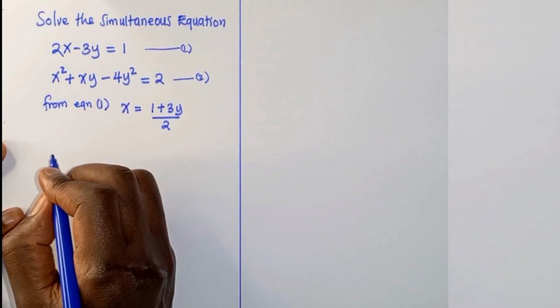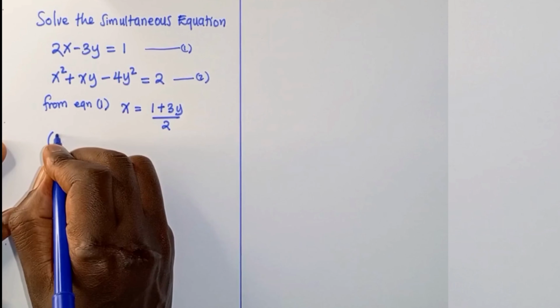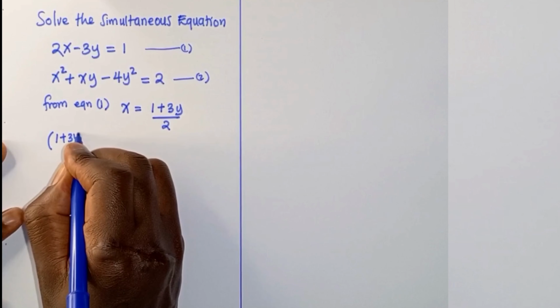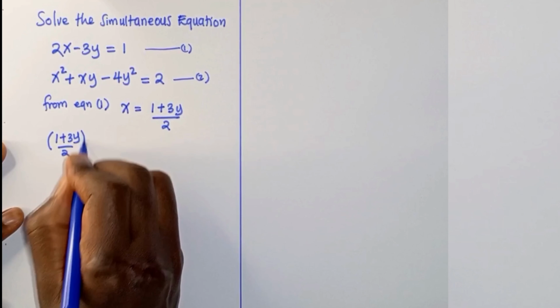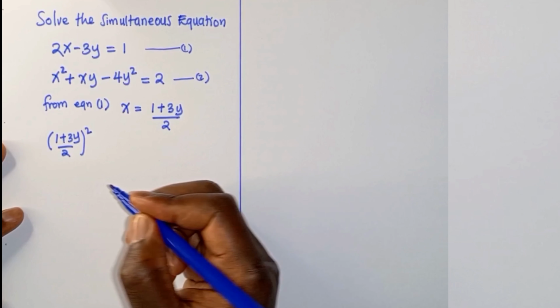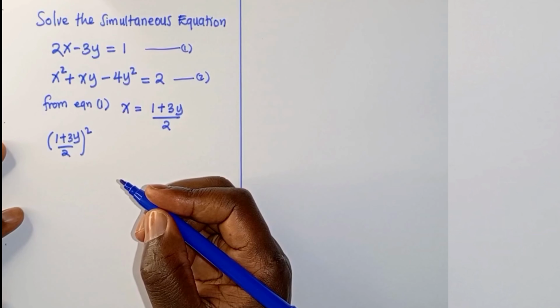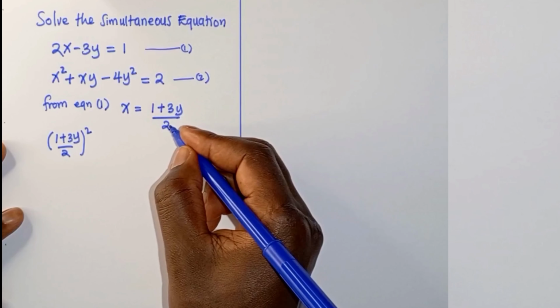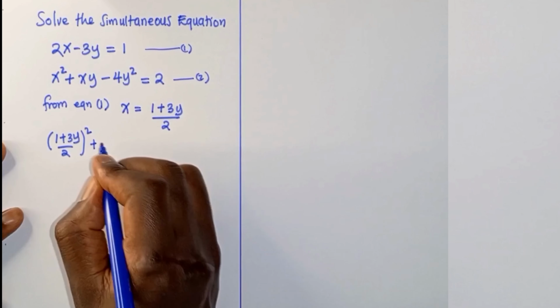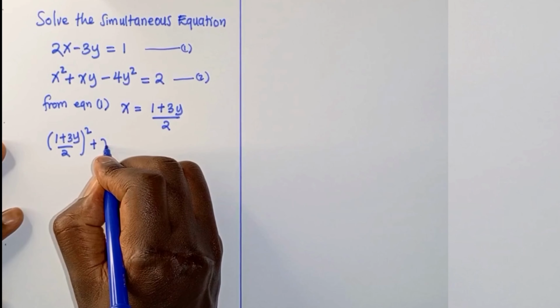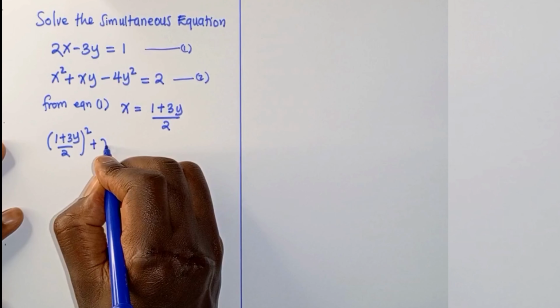And then by substitution, we shall have ((1 plus 3y) out of 2), everything squared. So we have substituted it in x squared. Then we go ahead to deal with xy.